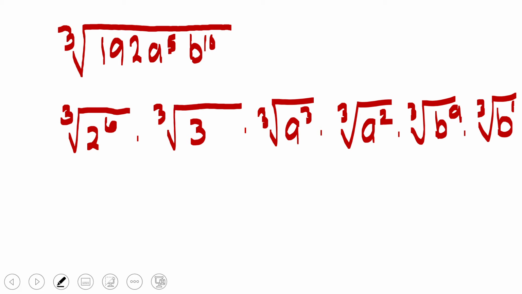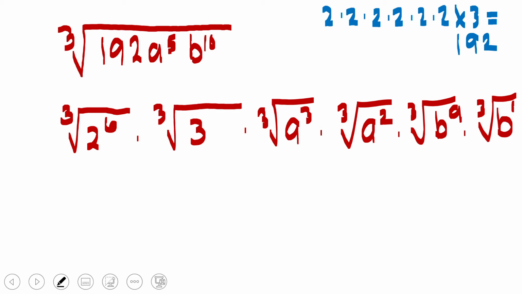So just going back over, work this out in your margin, to get back to the 192. So you're trying to get your exponents to be divisible by your index, and then what is left over we will address shortly.